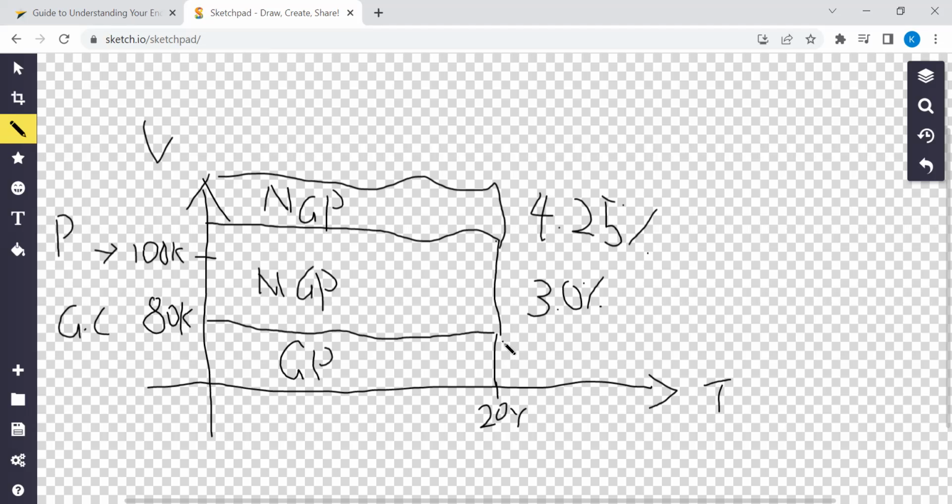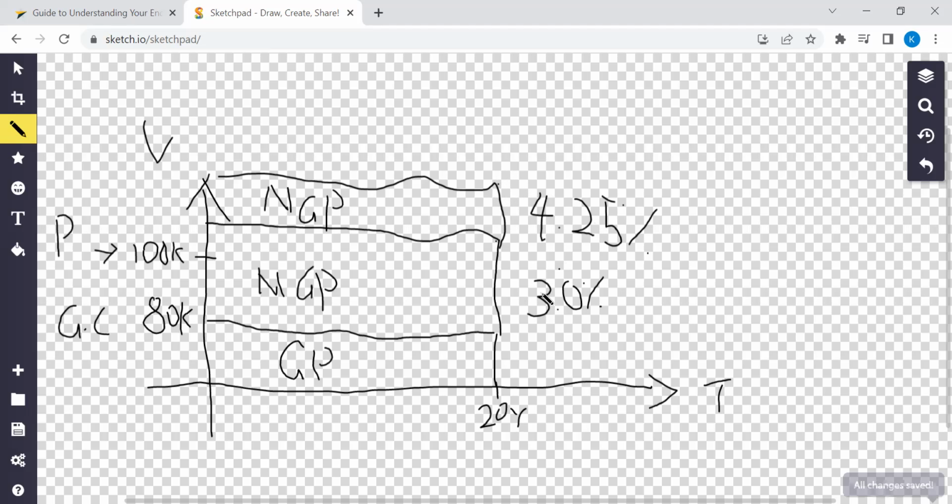So this is a snapshot of how it looks under different scenarios. Worst case, you get 80K if you hold your policy to maturity at the end of the 20 years. If it's 3%, you get this value, somewhat higher than 100K. If it's 4.25% investment return, you get an even higher value.